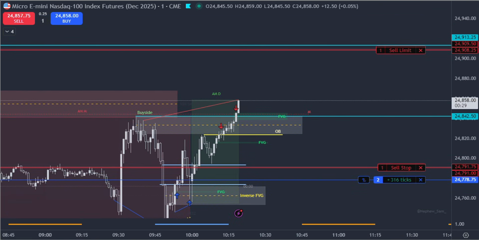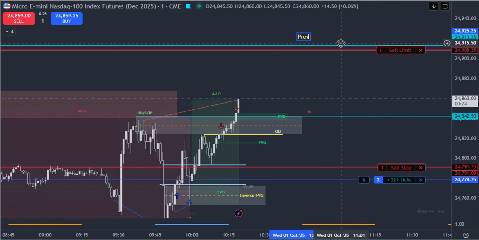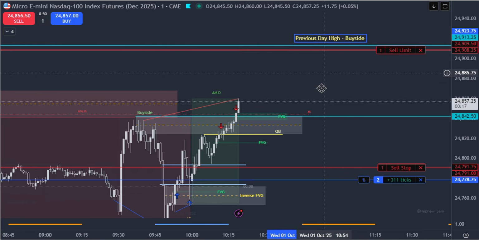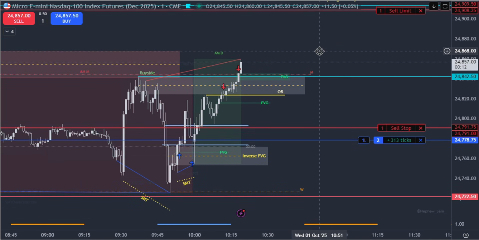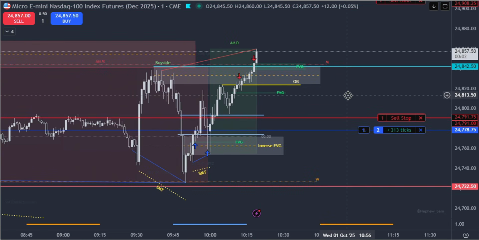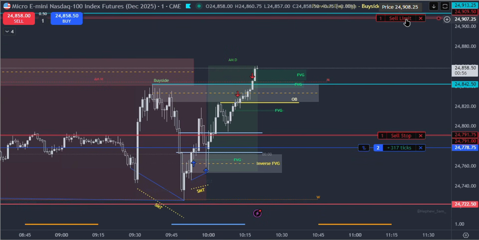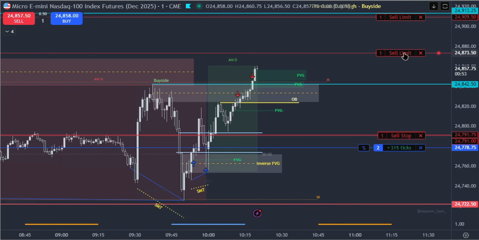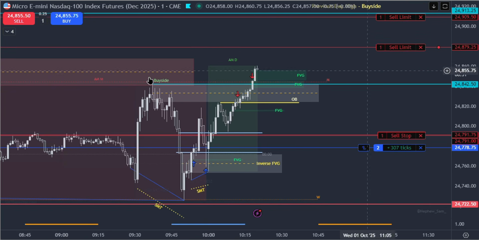I'm going to label previous day high, previous day high buy side. This is actually, I'm going to take another partial there.